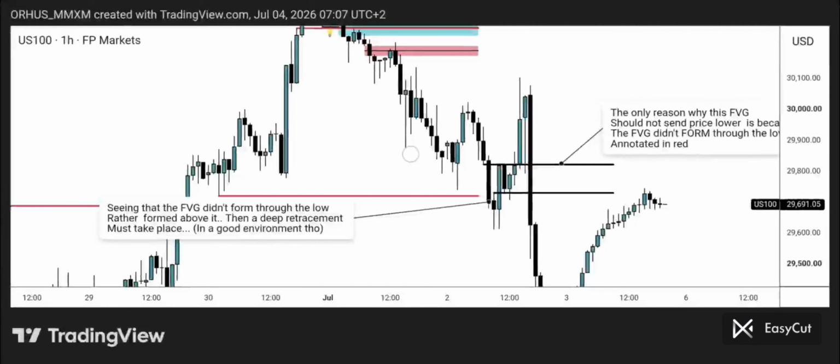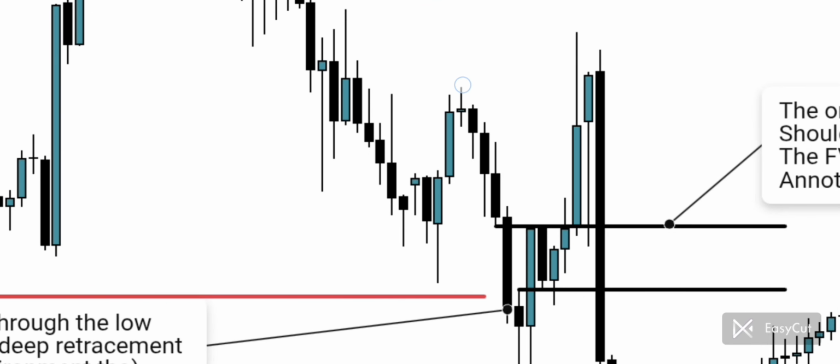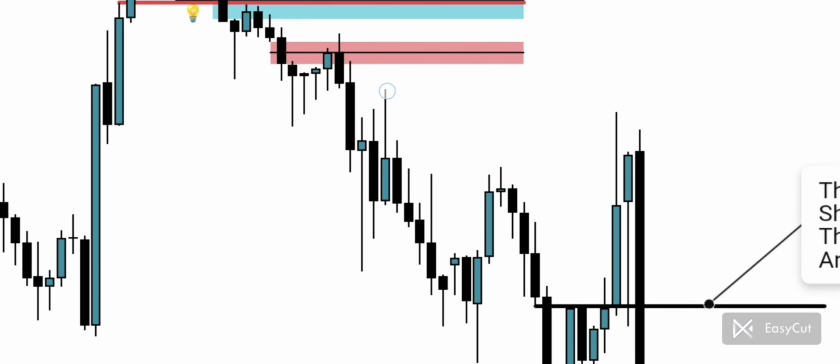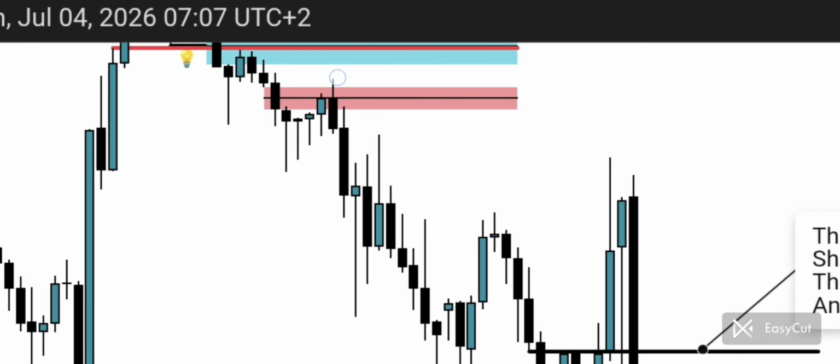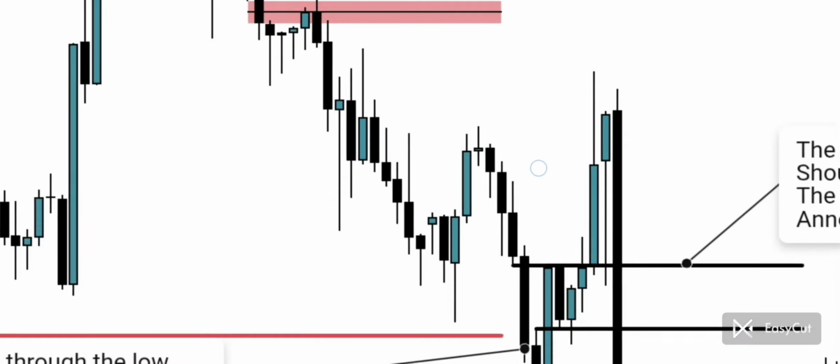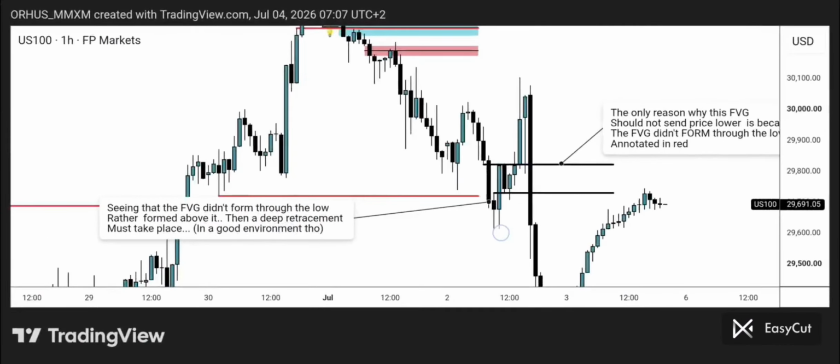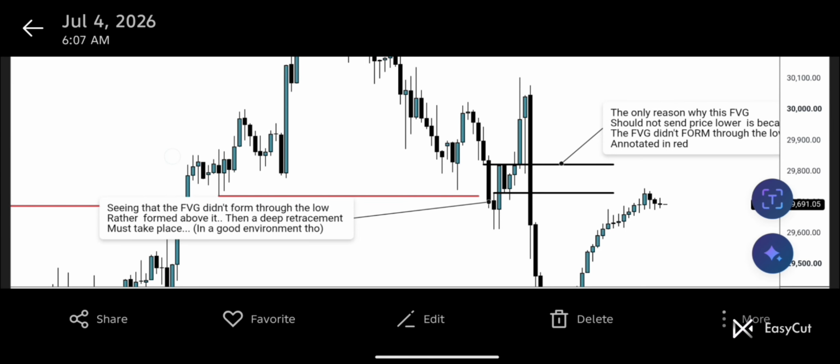You might be thinking, for those who don't understand buy side liquidity, this high, this candle here, any swing point here is a buy side liquidity pool. This is a sell side liquidity pool, this is a sell side liquidity pool.